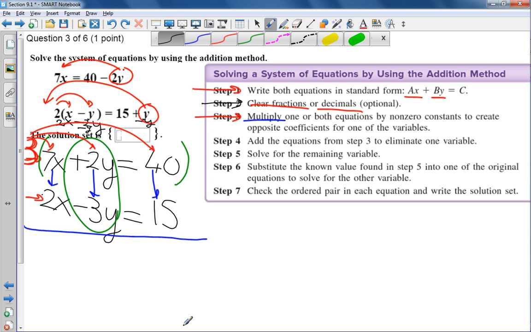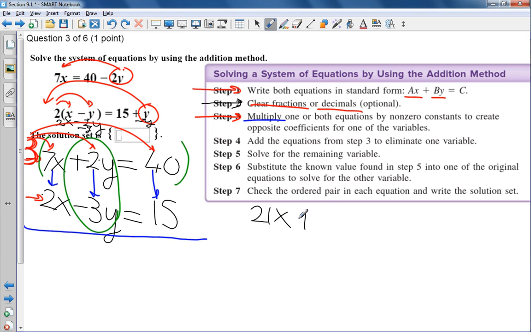You need to restart your problem right here with the new and improved coefficients. 3 times 7 is 21x. 3 times 2 is 6y. And that simply equals 40. Correct? Of course not. It's 120. 3 times 40 makes 120.